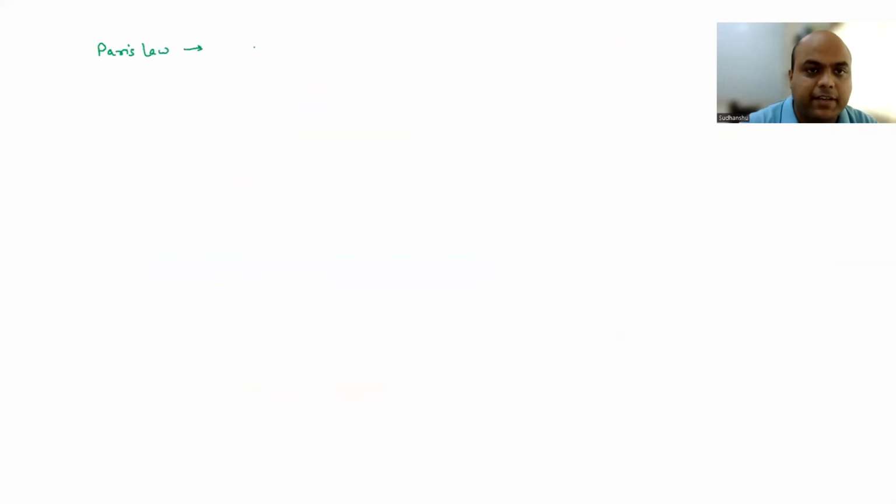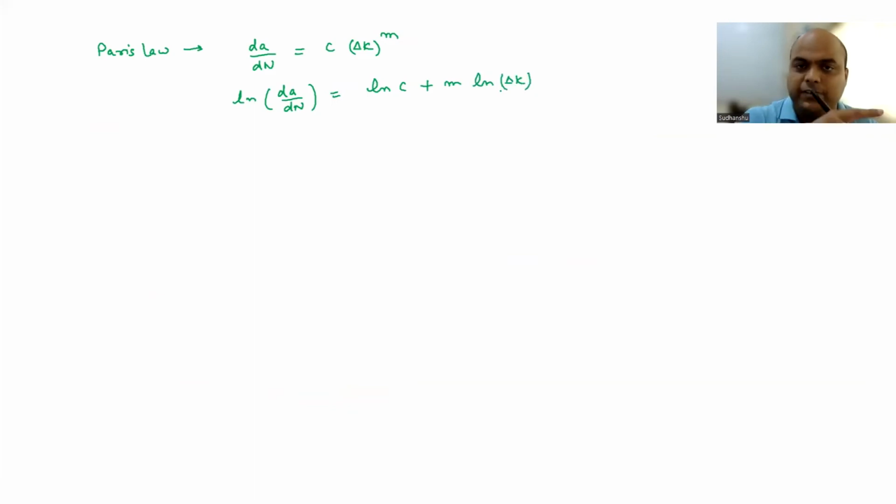It can be given as dA by dN equals C delta K to the power M. Okay. And we are talking about log scale in the plot, right? So if I take log of dA by dN, it becomes ln C plus M ln delta K, right? So now it becomes a straight line, and that is what you see happening in stage 2. So this is a straight line.